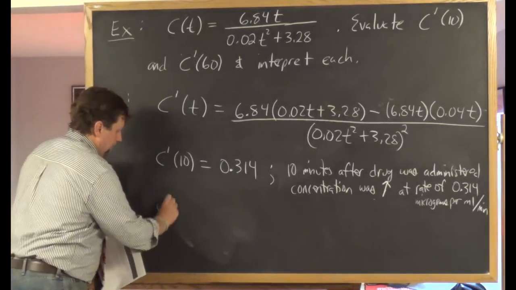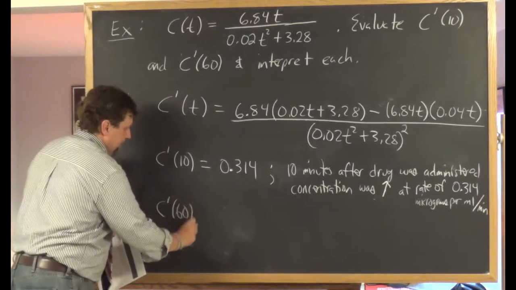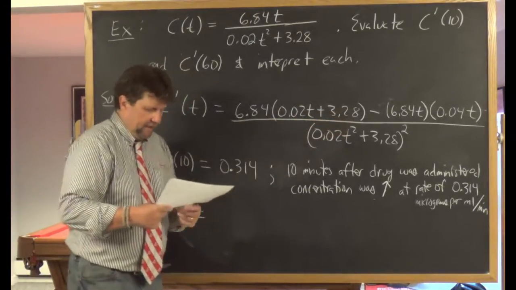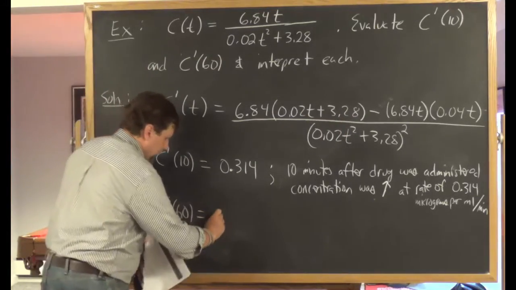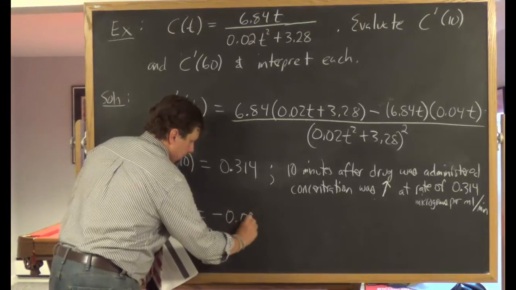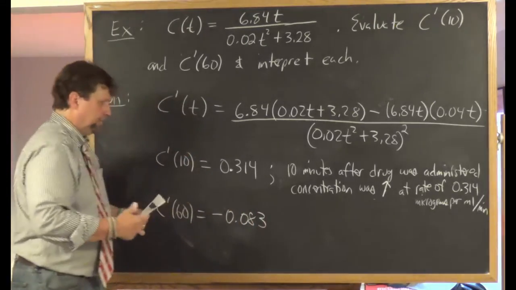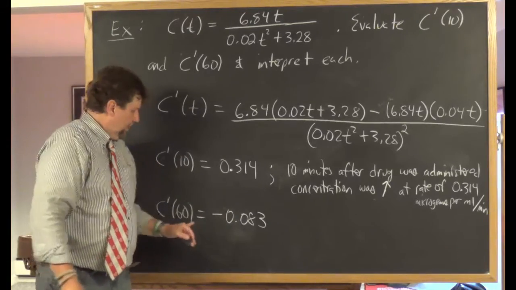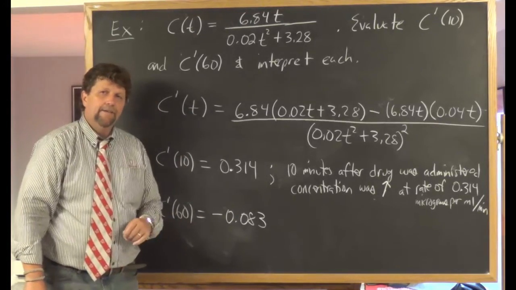On the other hand, when we do C prime of 60, we just toss a 60 into the derivative for the t's. When we do that, we get negative 0.083. So what does that mean? Well, t is 60.